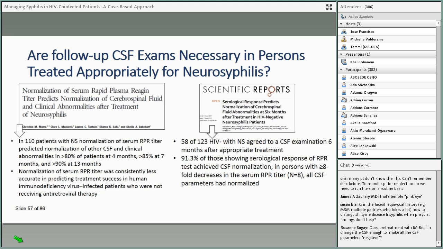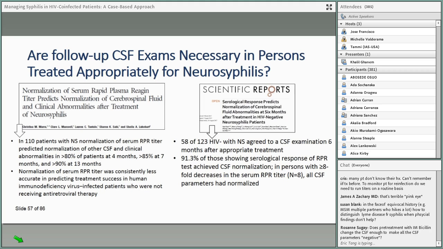So what's the point of performing a CSF examination? The main reason that they have recommended it in the past is because you can follow treatment responses over time. And so they said, do a CSF exam with ocular syphilis because you can follow the treatment response over time, and certainly do a CSF exam in neurosyphilis because you can follow the treatment response over time.